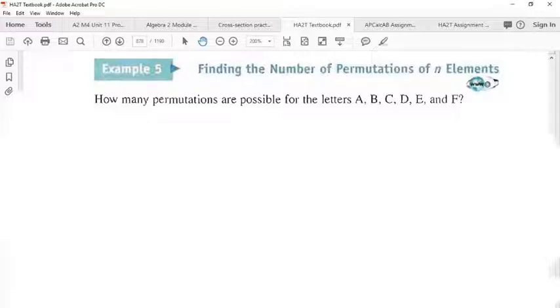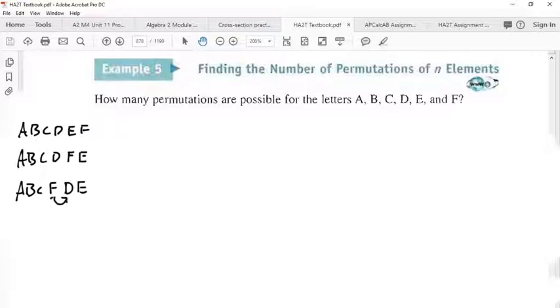Like, a very long time. Because you would say, okay, let's say A, B, C, D, E, F. That's one. Then you can say A, B, C, D, F, E. And then you could say A, B, C, F, D, E. And then I could just switch these two and say A, B, C... oh no, we already have D, F, E. I can't switch those two.